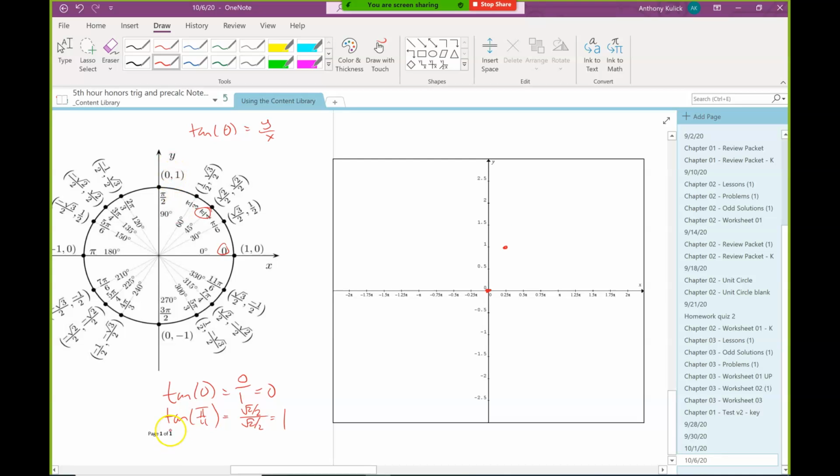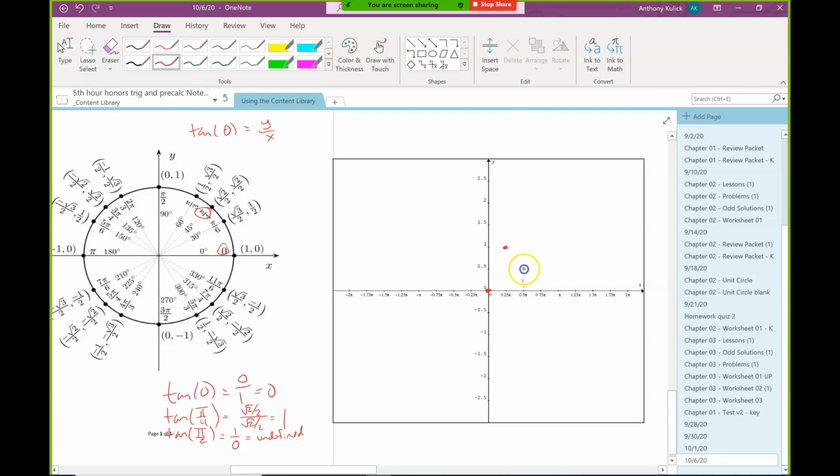And then say we do tangent of pi over 2, which is going to be y over x, and 1 over 0 is undefined. Now you saw last year in Algebra 3-4, when we get a 0 in our denominator like this, it creates a vertical asymptote, right? When you talked about rational functions, you saw that happen? Does that ring a bell?